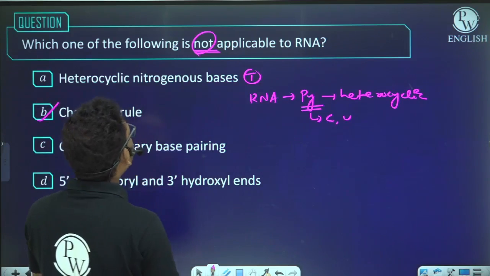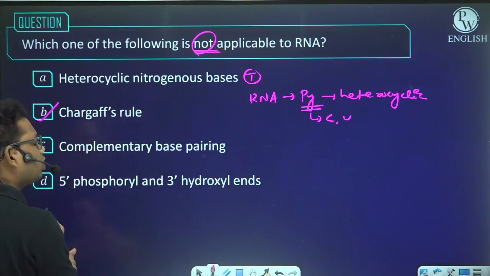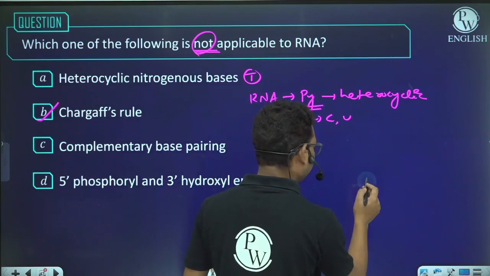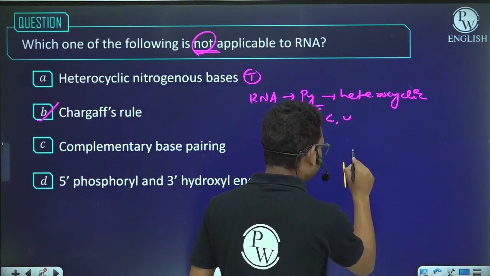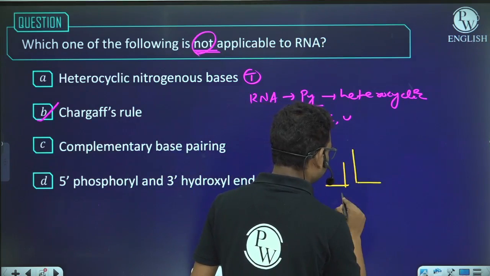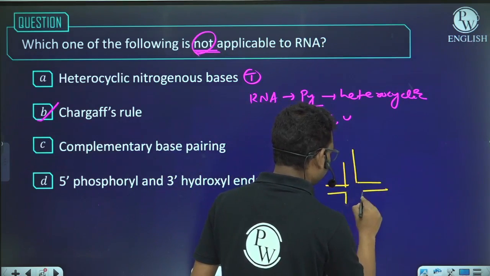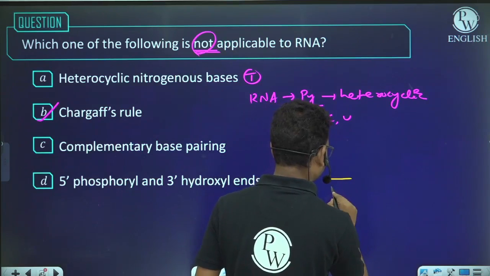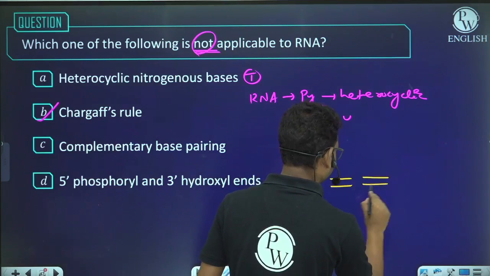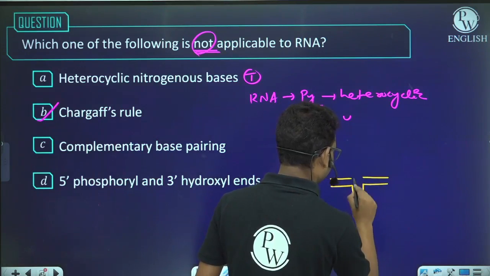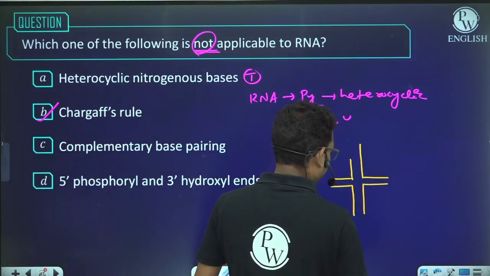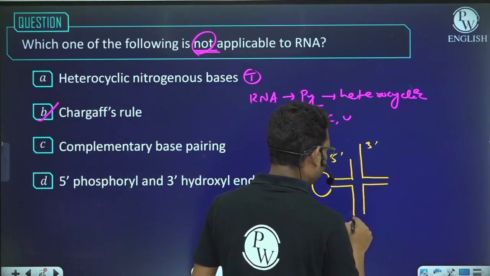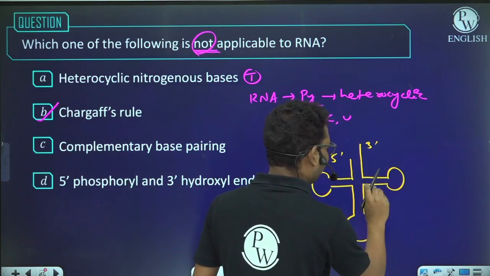Complementary base pairing, yes, it can take place in the case of tRNA. When you draw the diagram of tRNA, suppose this is tRNA, this is 5' and this is 3'. These are the loops and these are the arms.